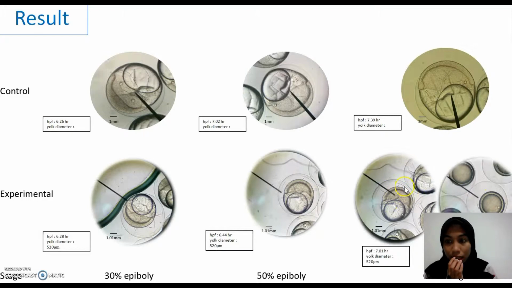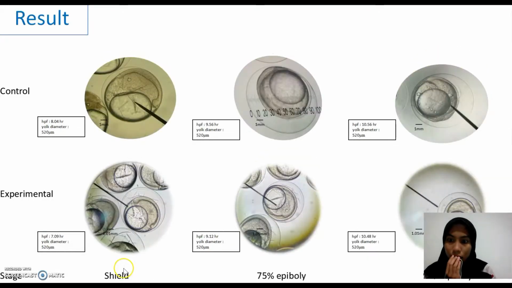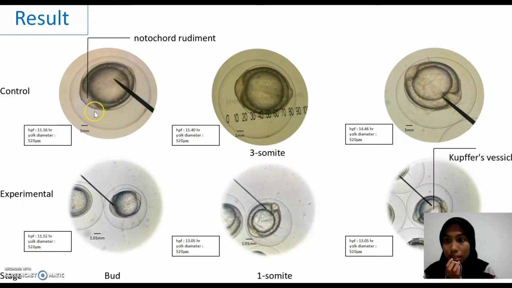While this is the lateral view, this is the shield, and then this is the 75% epiboly. You can see that the dorsal side is distinctly thickening compared to the others. At the bud stage, you can see clearly the notochord rudiment, and then the tail bud prominent. You can see that there is a slight curve here.